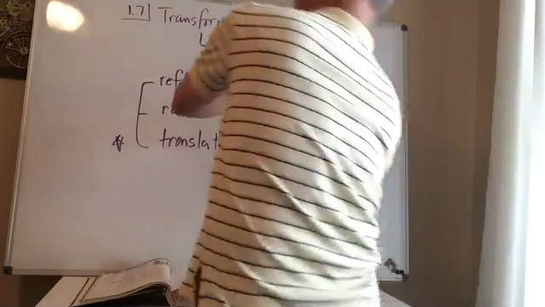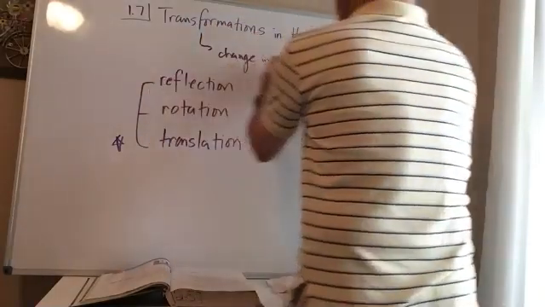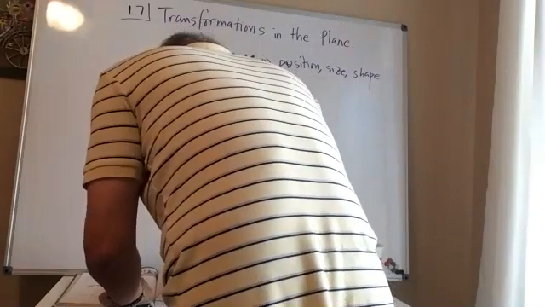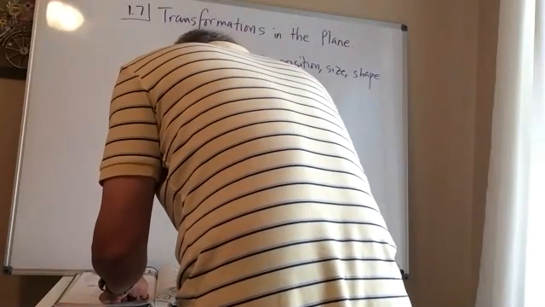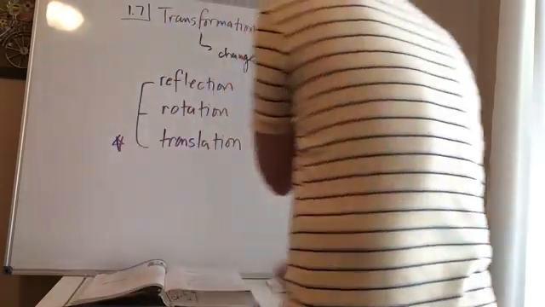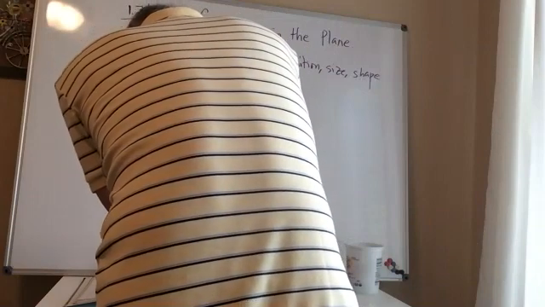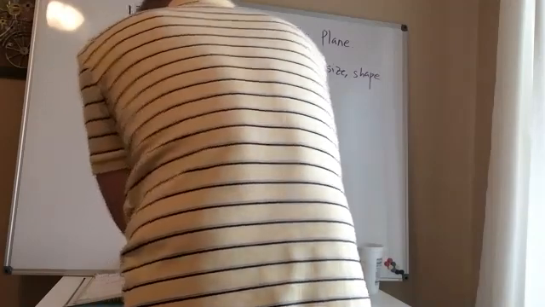You're not moving it across in a rotation, but you're taking it and just moving it anywhere you want. Okay. Translation is a transformation in which all points of a figure move the same distance in the same direction.